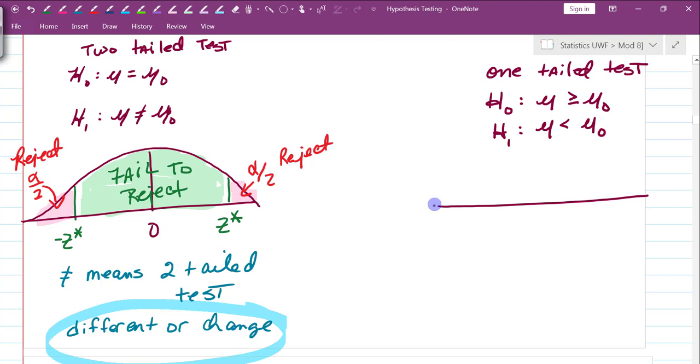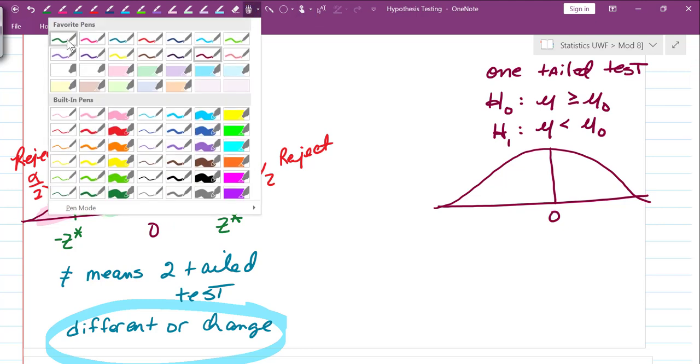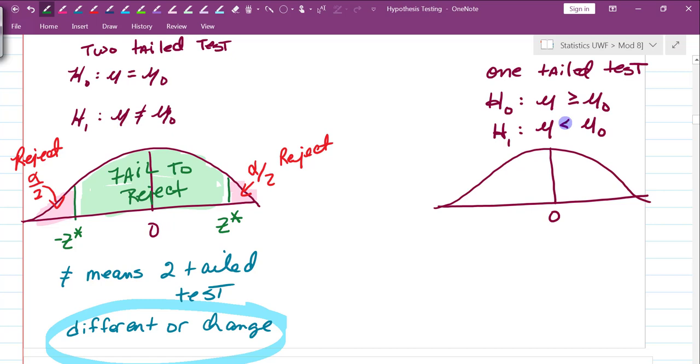where we standardize the mean, it's in the center. You see this right here though? That arrow, it's a less than sign. It is pointing in the direction of where the alpha is going to be, the area that we're going to be concerned about.